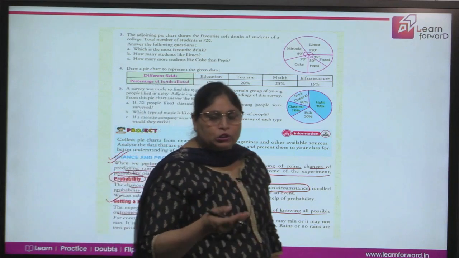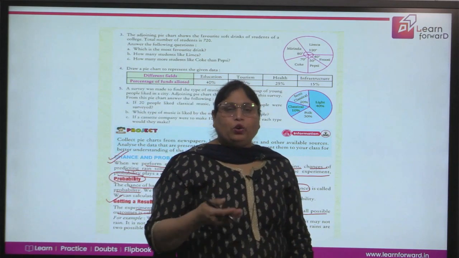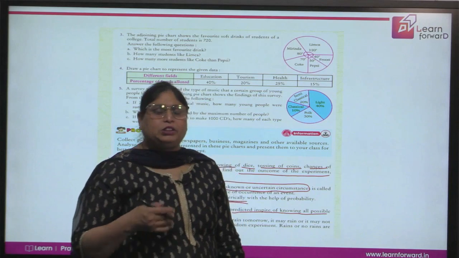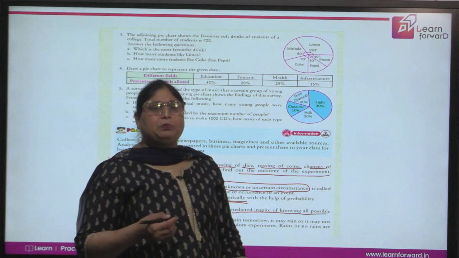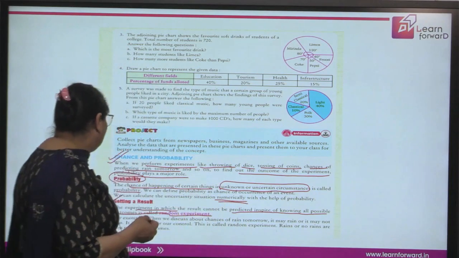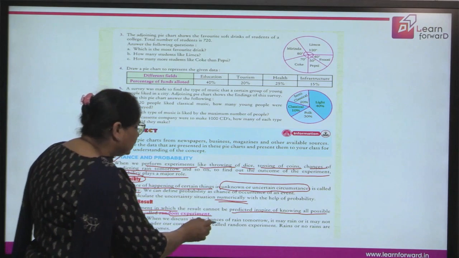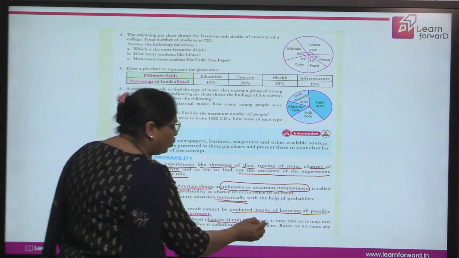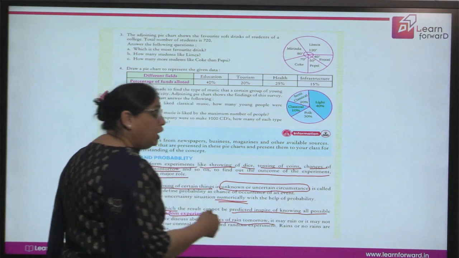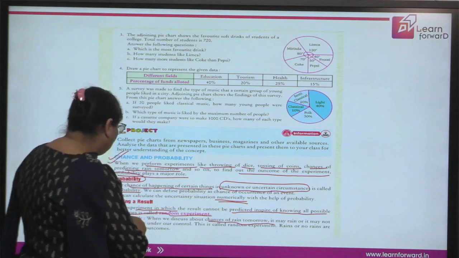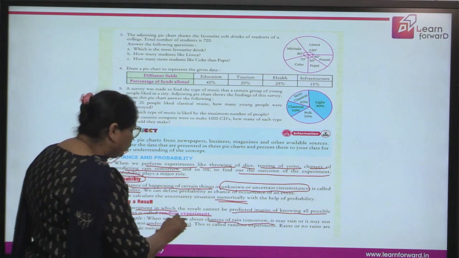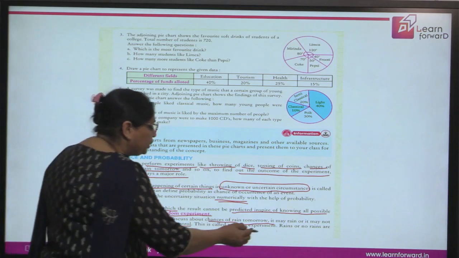Suppose I am tossing a coin, I don't know whether the head comes or the tail comes. That is a random experiment for me. When we discuss the chances of rain tomorrow, it may rain or it may not rain, so it is not under our control. This is called a random experiment.